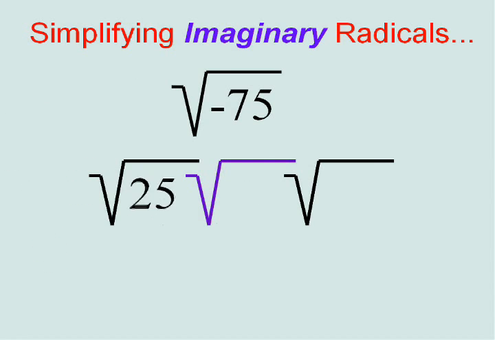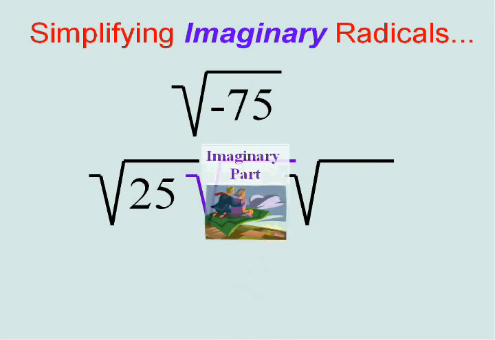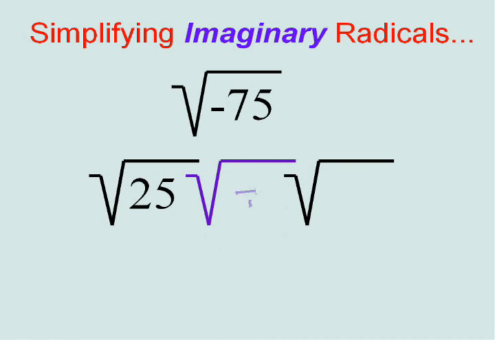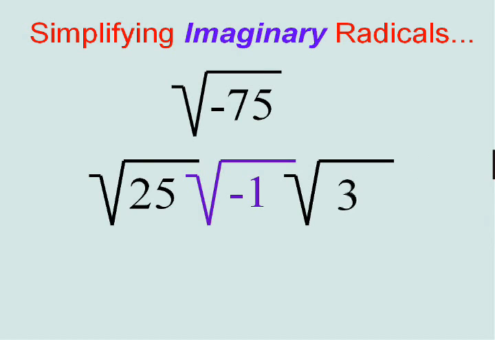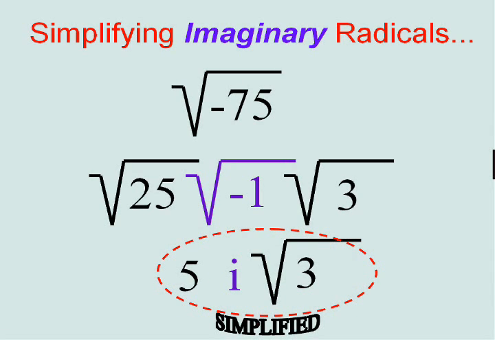The imaginary part, i. It's always the same. And the leftover. Now, it's always 3 steps. 5i radical 3. It's pretty much the same thing, isn't it? Except we have that imaginary part that we have to take out because it's a negative square root.